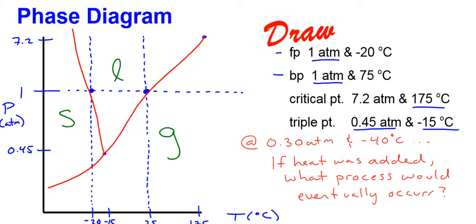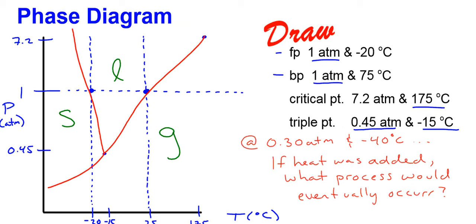All right, let me pose one more question. Had 0.3 ATMs and negative 40 degrees Celsius, so that's my point I'm looking at. Starting there, if heat was added, what process would eventually occur? Okay, so what you need to do is first find the place on your table.